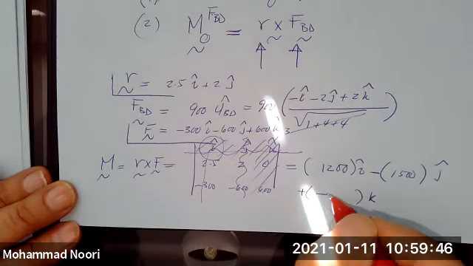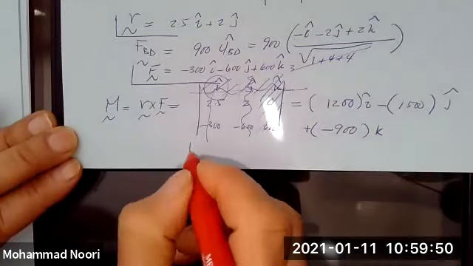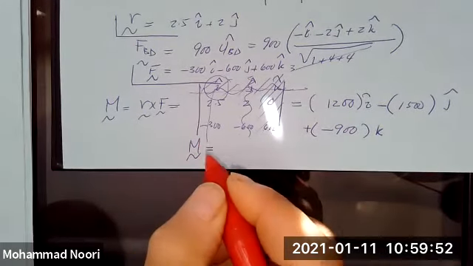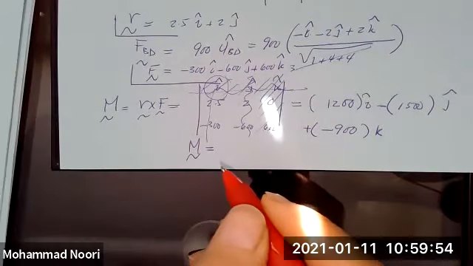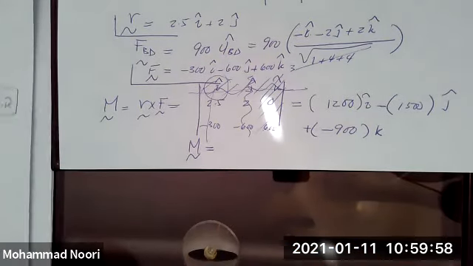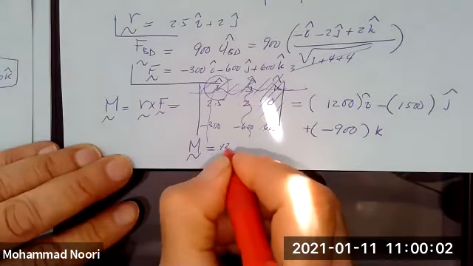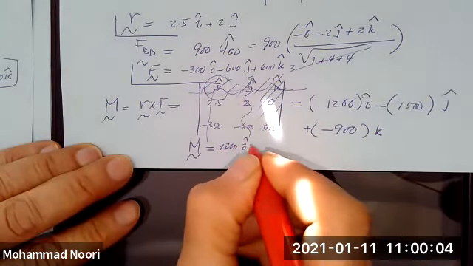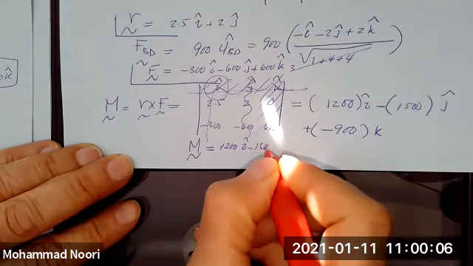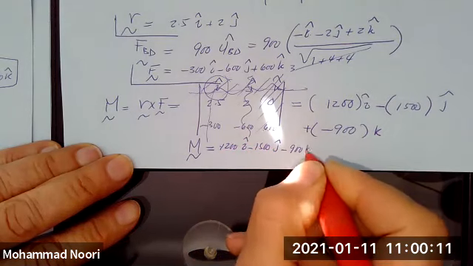So this ends up to be negative 900. So the moment equation comes out to be what? Would be simply 1200i minus 1500j minus 900k.